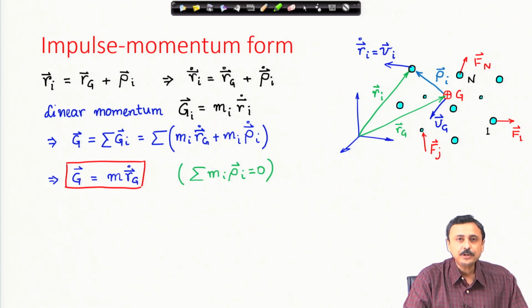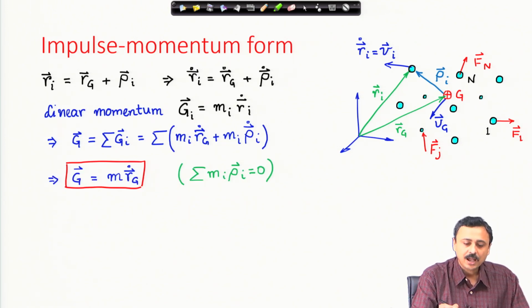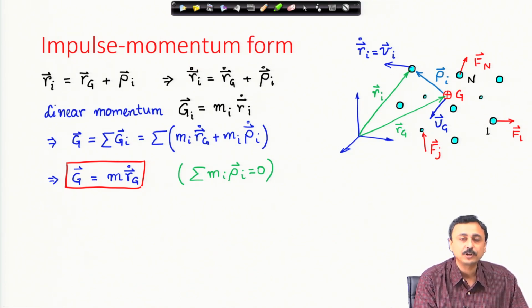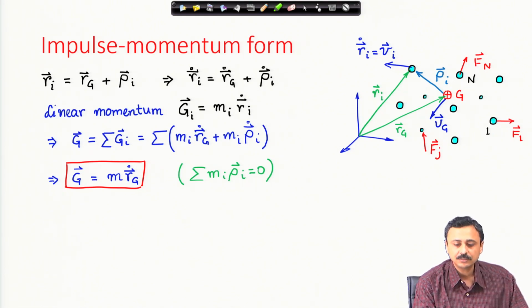When I do this summing over, I get summation of m_i, which is the total mass of the system, times the velocity of the center of mass, and the second term, summation of m_i rho_i dot, goes to 0 because of the identity that summation of m_i rho_i is 0.